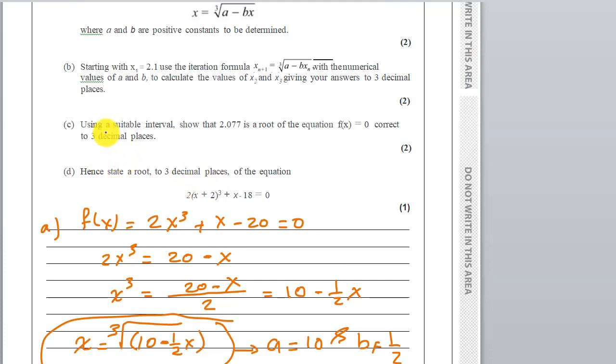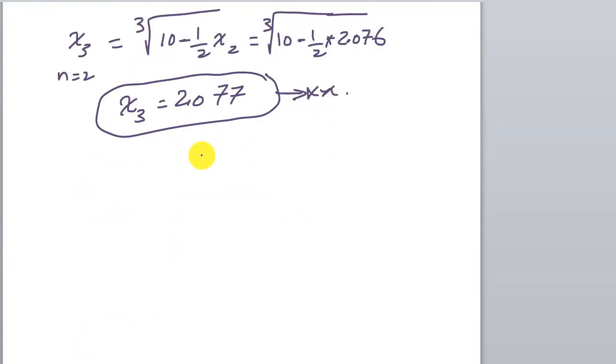Using a suitable interval, show that 2.077 is the root of the equation f(x) = 0, correct to 3 decimal places. So to solve this part, this is part C. Now 2.077, he asked about this as a root.